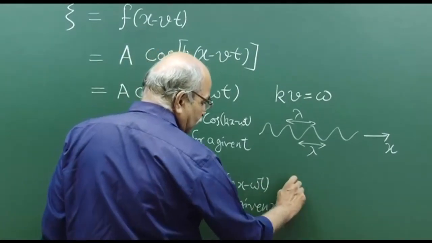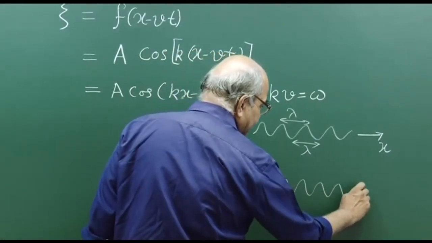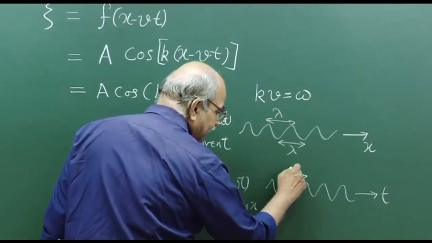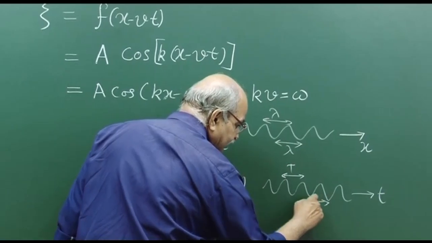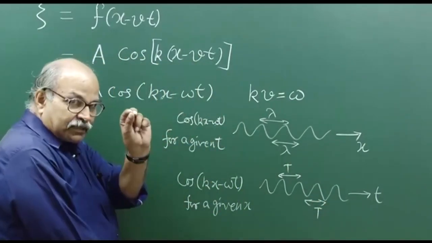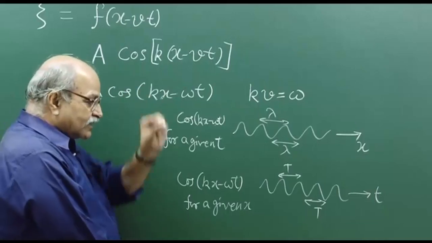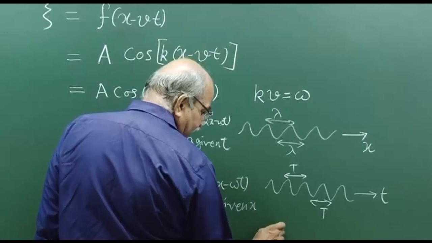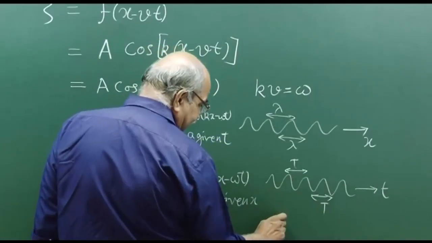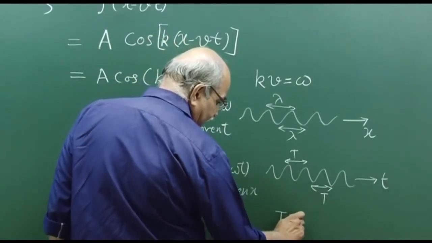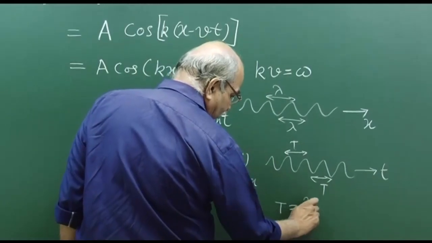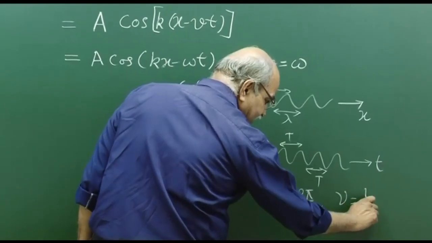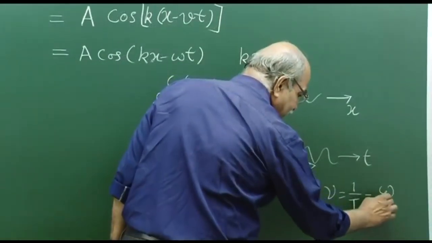So this will also be of that same type, but this time it is time here, and then this is the time period, capital T. So x is fixed, a particular portion, it oscillates, and how much time does it take in one oscillation? That is T, and this T and this omega are related. This T is 2 pi over omega, and your frequency, which is 1 by time period, is omega by 2 pi.